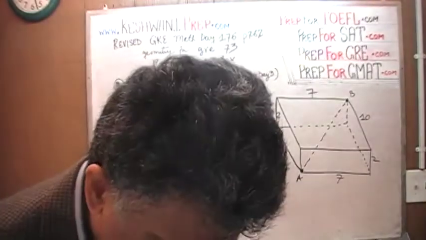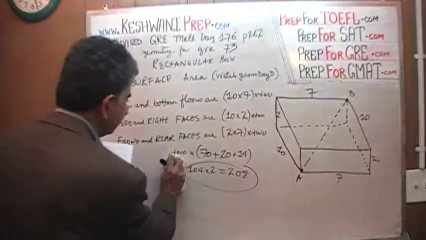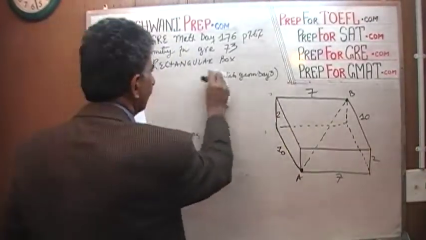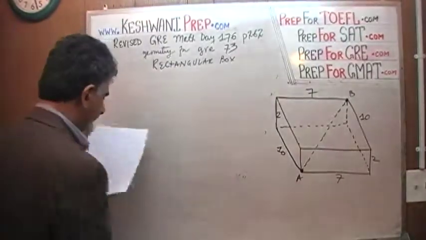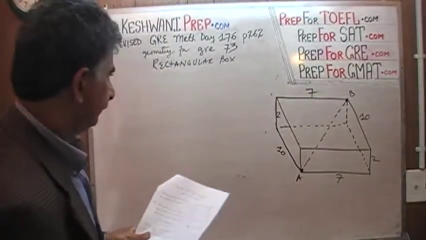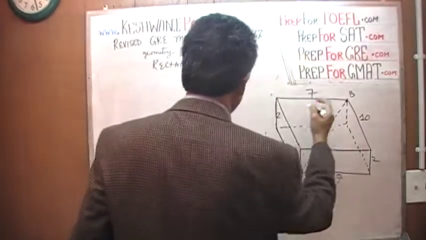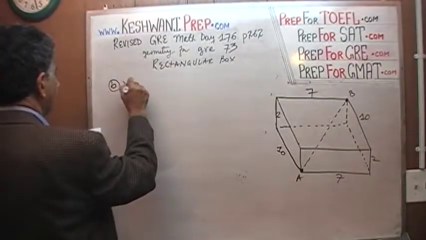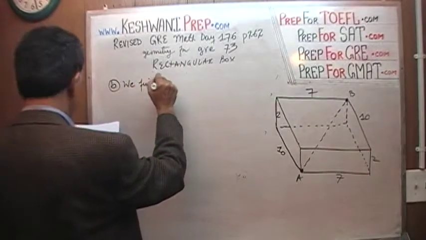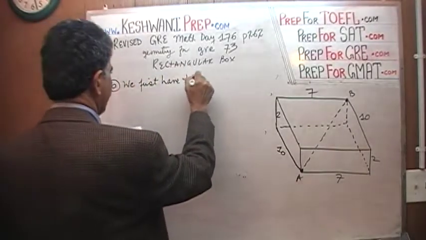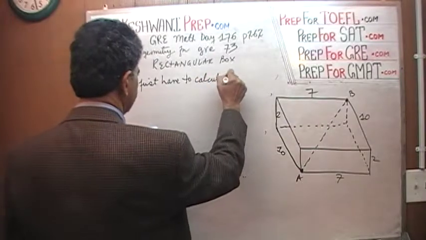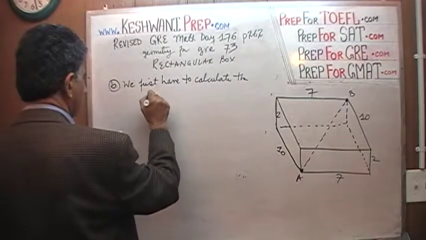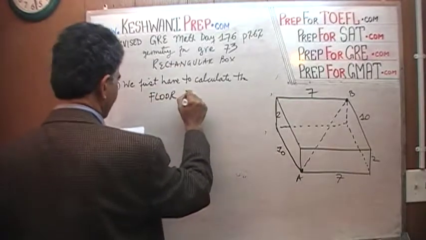Alright, part B. In order to figure out the distance from A to B, we first have to calculate the floor diagonal.